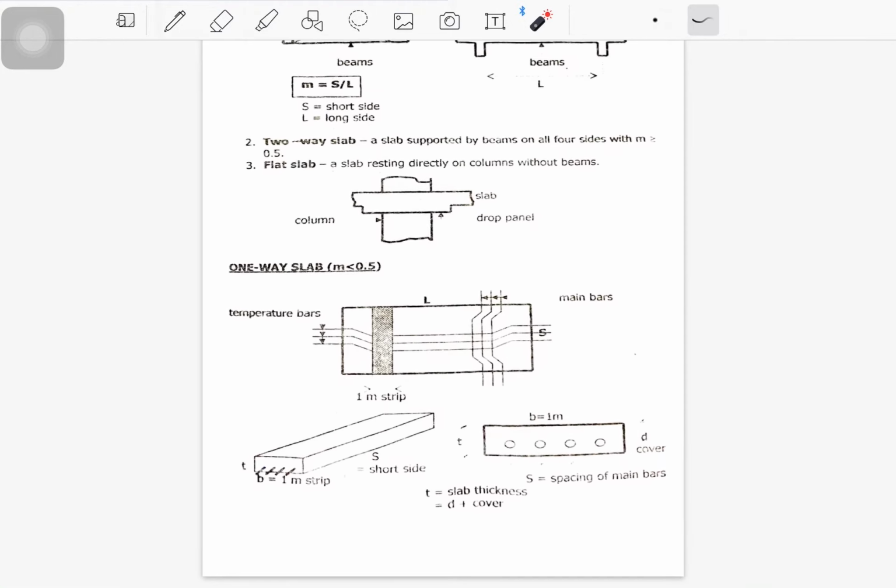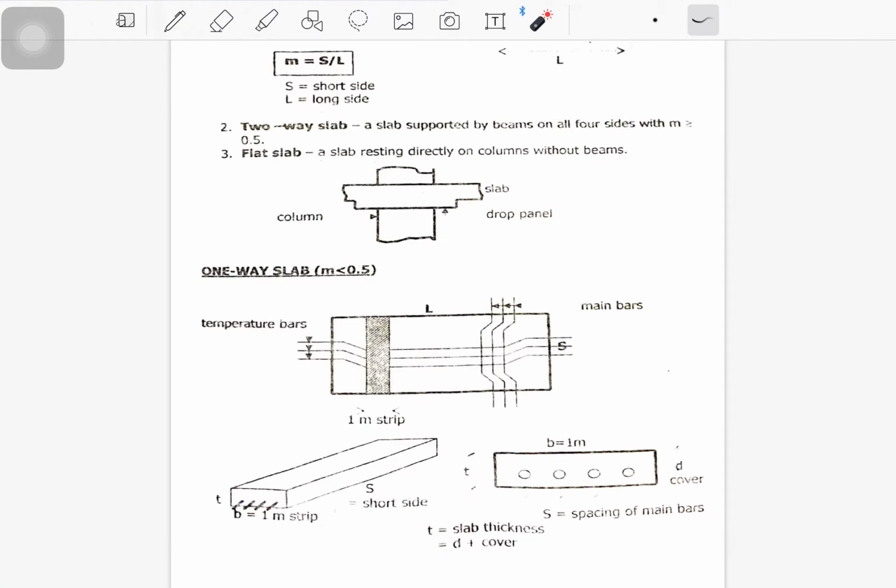For one-way slab, as I have said, M should be less than 0.5. So for example, you have this slab, considering this is 4 by 1.5, so you will consider your short side. For the long side, you will just consider a 1 meter strip.